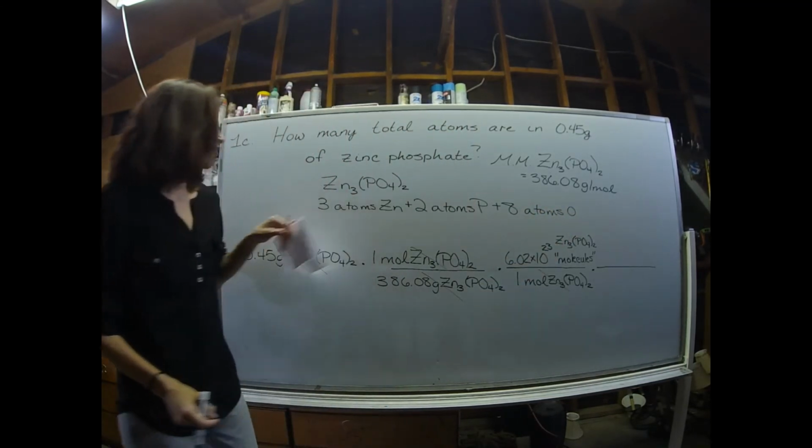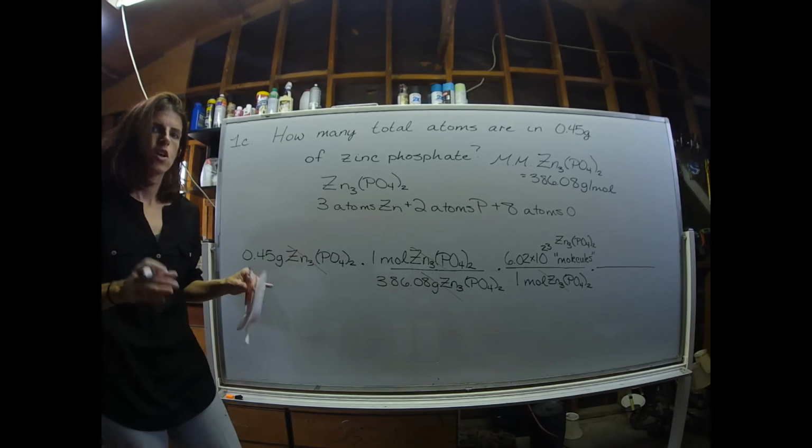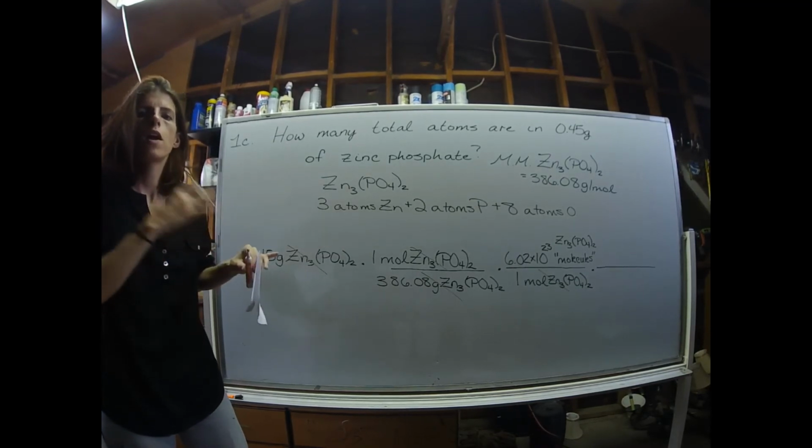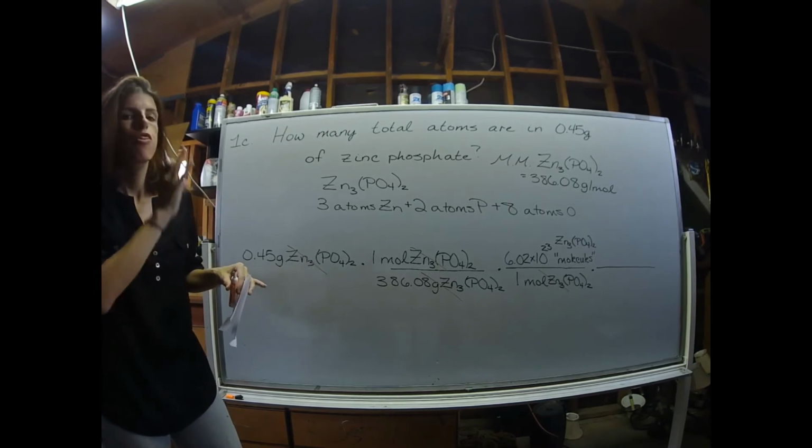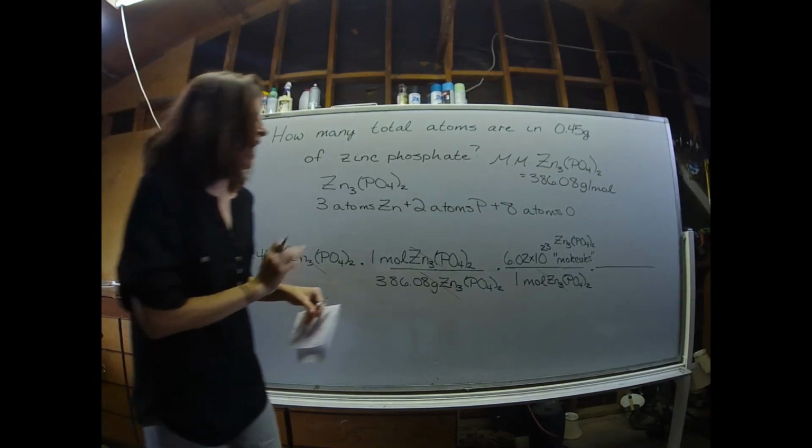So altogether that equals 13. So 1 unit or 1 molecule of the zinc phosphate is going to have 13 individual atoms.